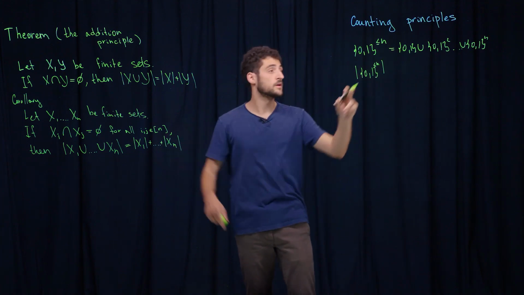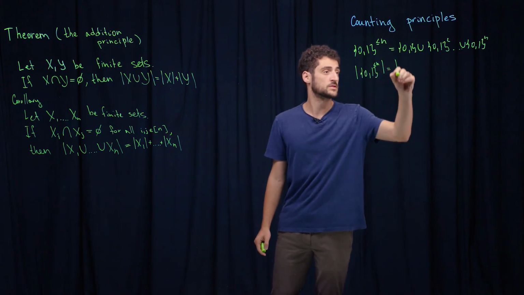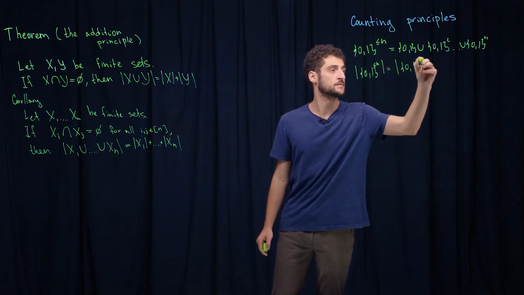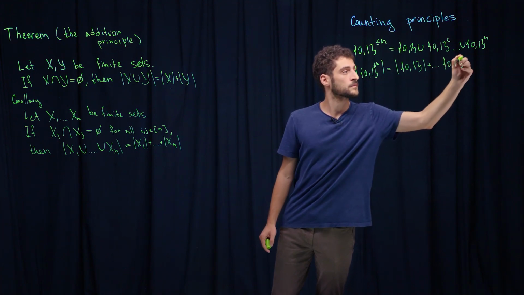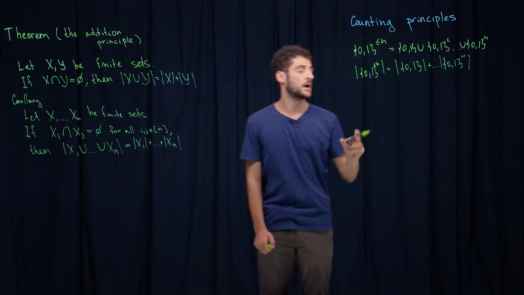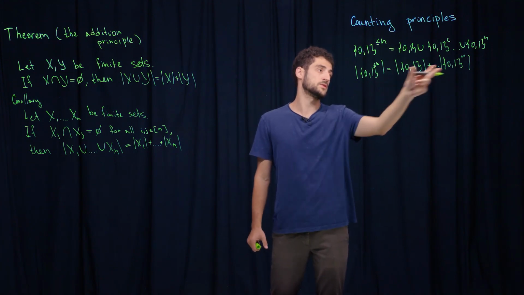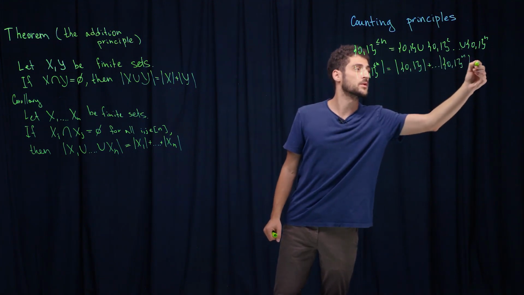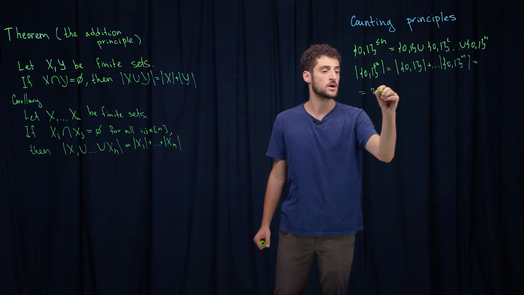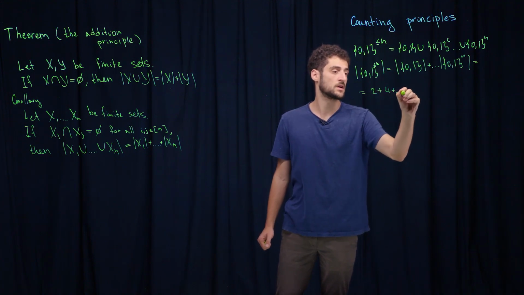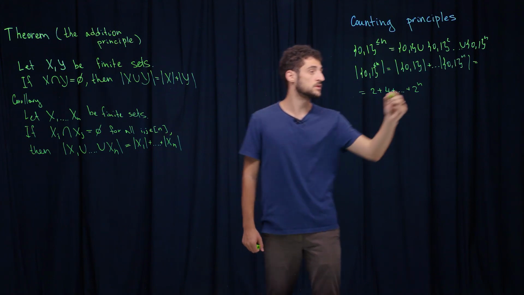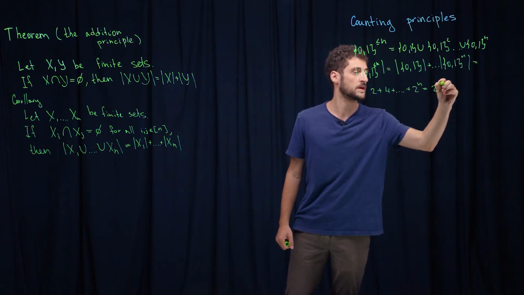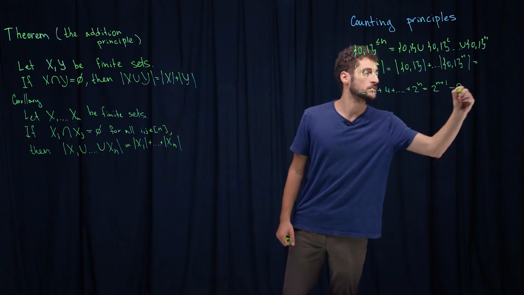By this corollary, we know that it's equal to the sum of these. And in the previous part, we computed the sizes of these sets. They're equal to 2 plus 4 plus dot dot dot plus 2 to the n. This is a geometric series, so we know that it's equal to 2 to the n+1 minus 2.